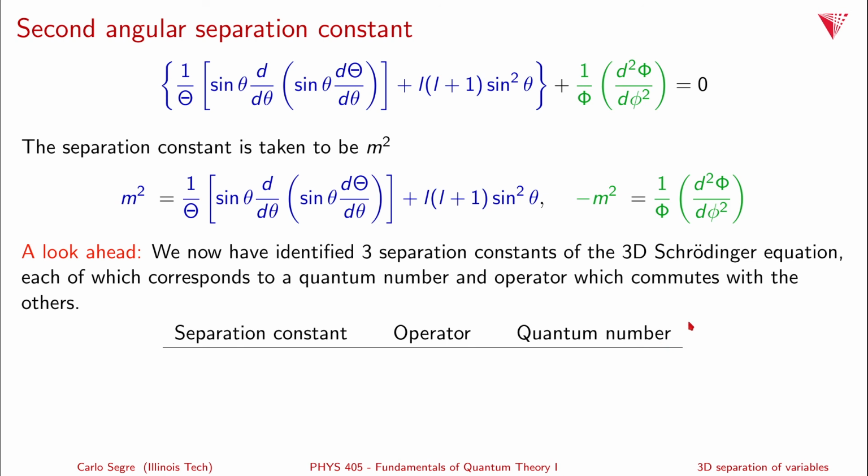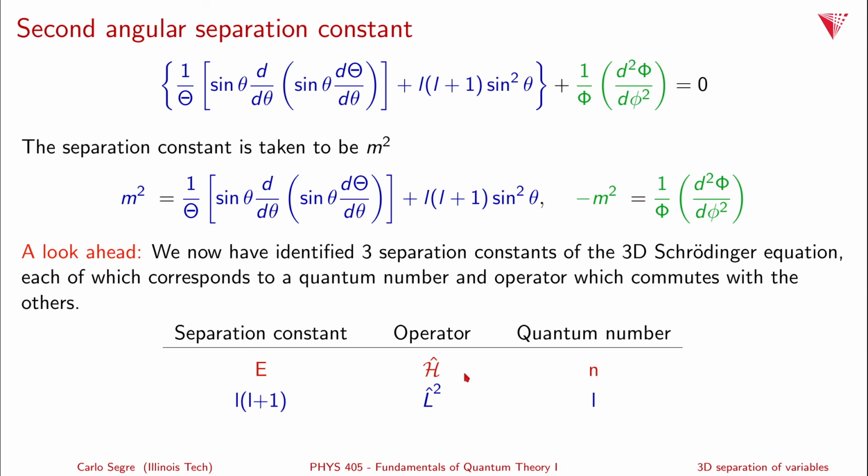And the first one is one that we're familiar with from the one-dimensional quantum mechanics problems we've done, and that is the energy, the separation constant E. The operator is the Hamiltonian, and the quantum number is n for a discrete system. The next one is this L(L plus 1), which allowed us to separate the radial and the angular equations.